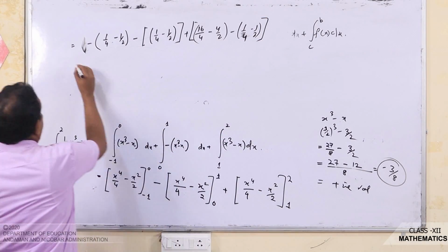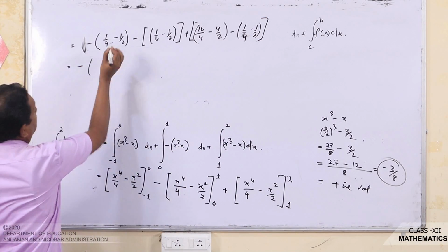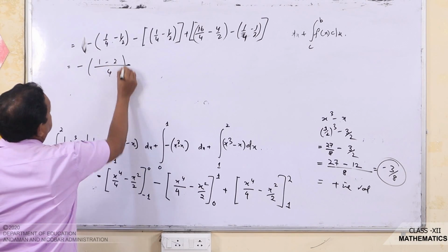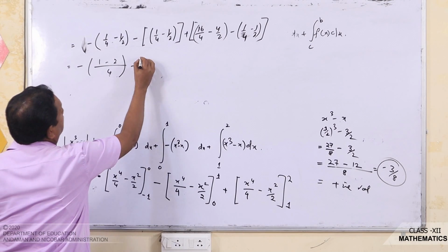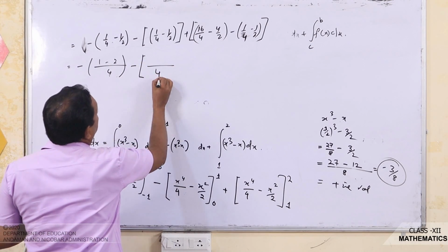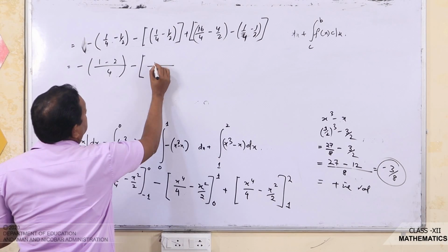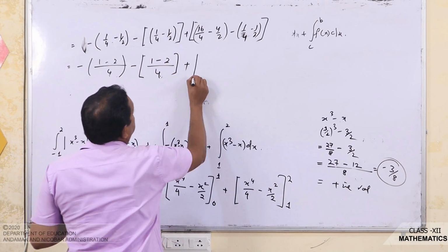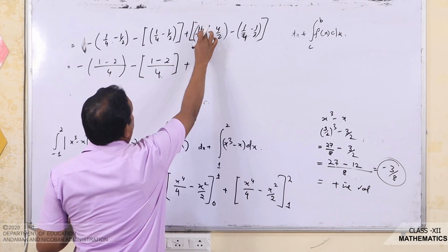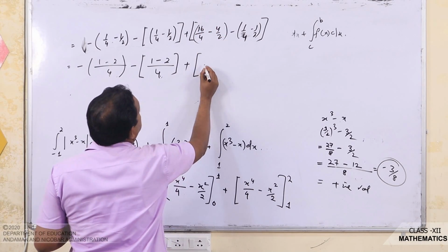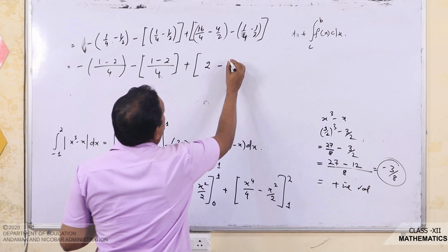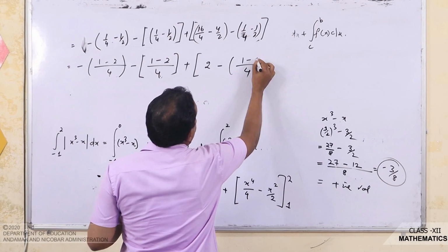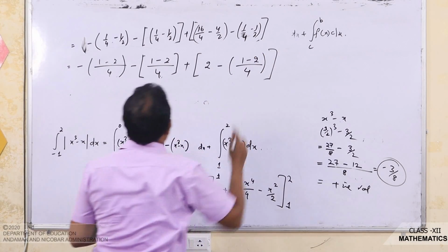So, finally, this is minus, here you will get 4, here is 1 and minus 2, and here again 4 and 1 minus 2, okay.